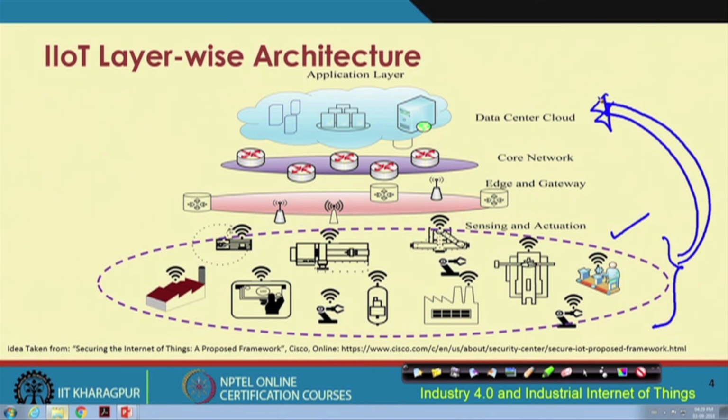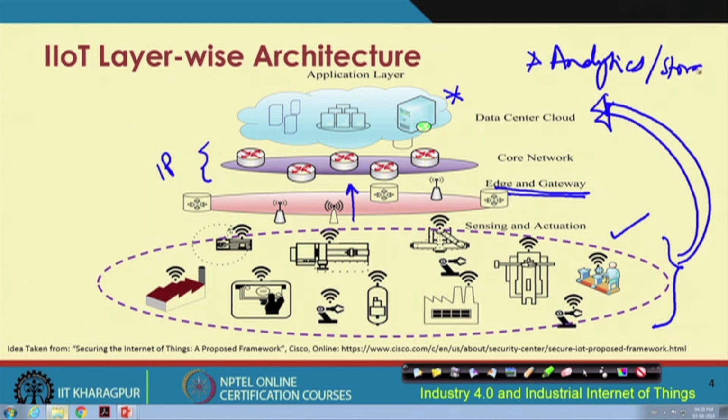Before these are sent, the sensed data will pass through some kind of an edge or gateway device. Then it is going to go through the core backbone network, maybe the IP network or something like that, and finally the data will reach the data center where all the different analytics and storage are performed.